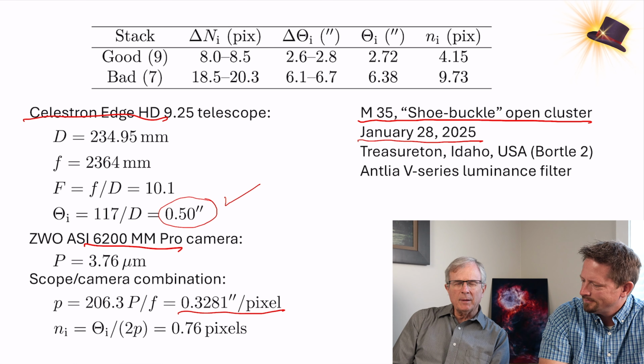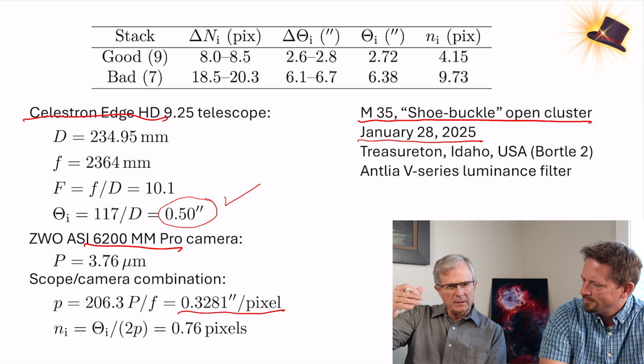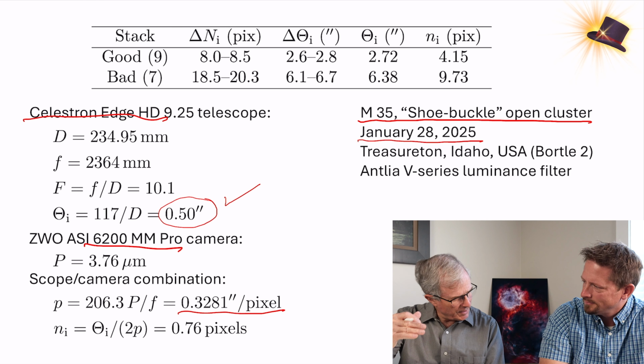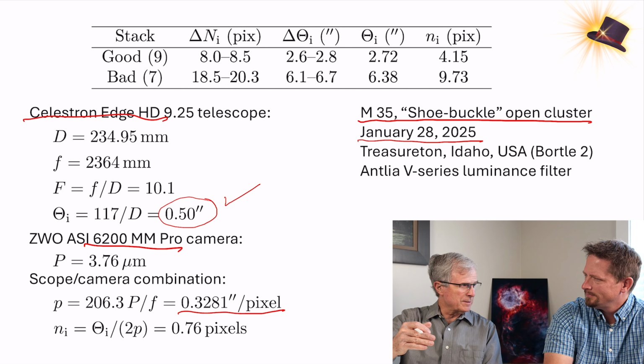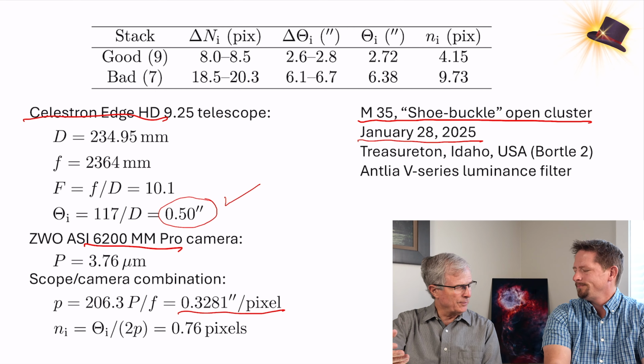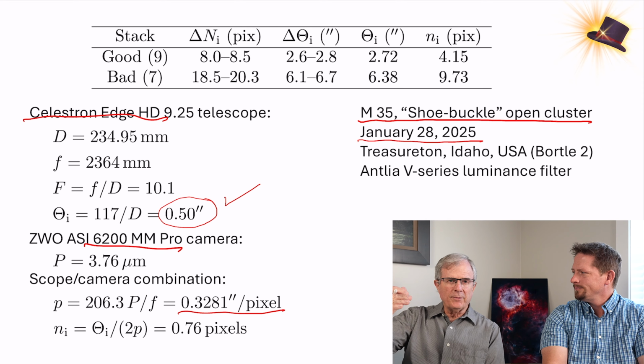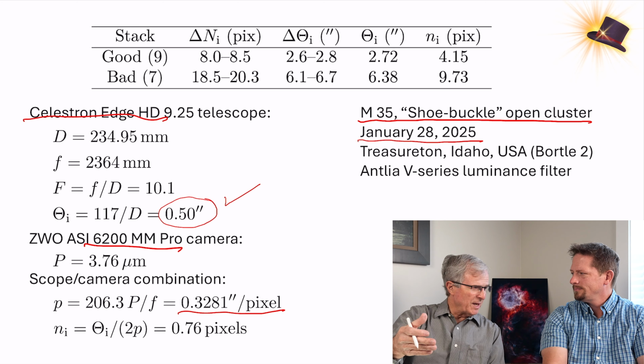We took a bunch of frames and then we looked at them in PixInsight, and PixInsight's subframe selector allows you to look at the full width at half maxes of the stars in the frame. We looked at the 9 very best frames and the 7 worst frames.